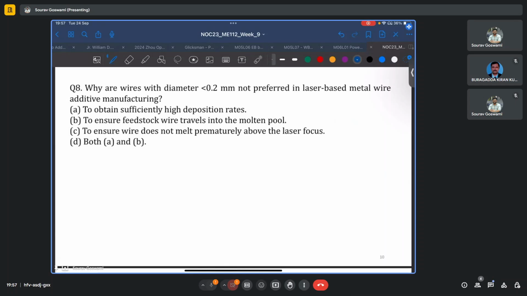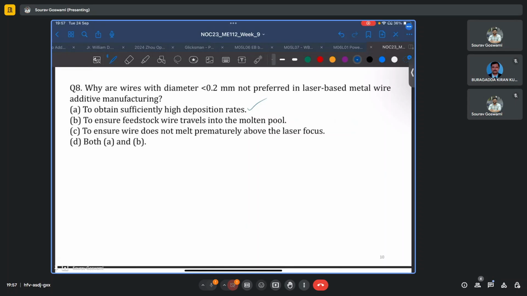If the diameter is very small, the volume flow rate, that is the wire feed speed times the cross section of the wire, will be very low, leading to insufficient deposition. One of the primary reasons of using wire-based processes is because of their superior deposition rates compared to powder-based processes. Thus, the deposition will be compromised.